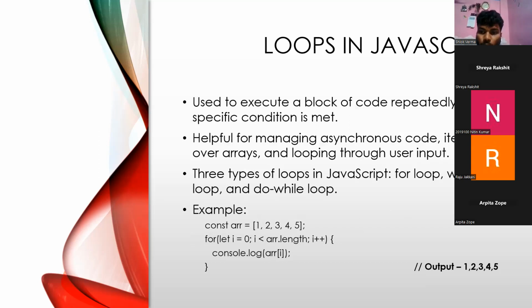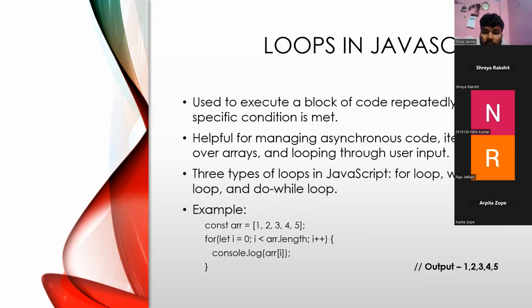So the first one is loops. Loops are used to execute a block of code repeatedly until a specific condition is met. There are three types of loops in JavaScript: for loop, while loop, and do while loop. The for loop is used when the number of iterations is known in advance, while the while loop is used when the number of iterations is not known in advance.